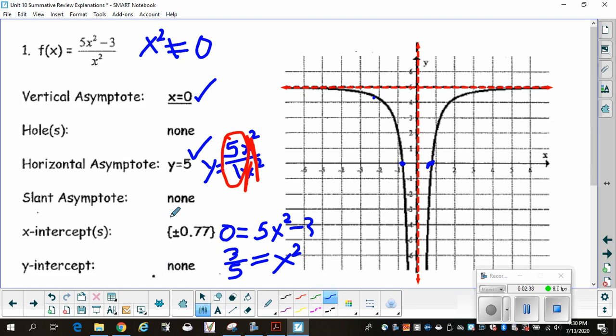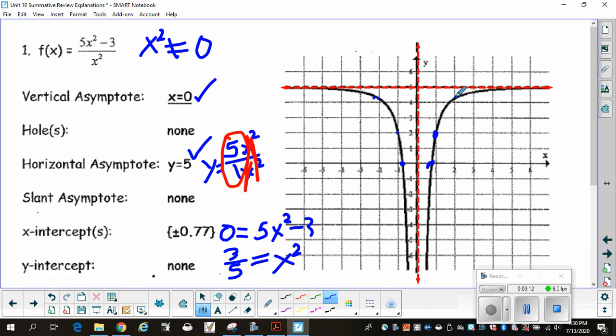At this point, you also have to check the y-intercept. The y-intercept occurs when x is 0. Well, I can't make x 0 because it's restricted, so therefore there's no y-intercept. So now at this point, I would take a look at the calculator, and I would either graph on the calculator or I would plug in numbers like 1 and 2 and -1 and -2 and see where the points are, and just even approximating those points so that you get an idea of how the graph is behaving.